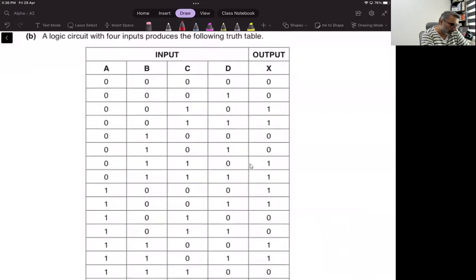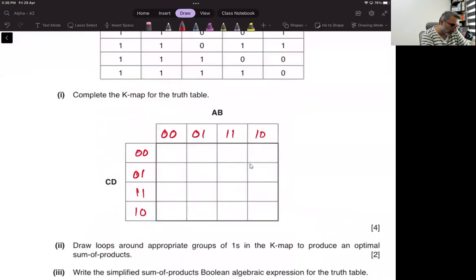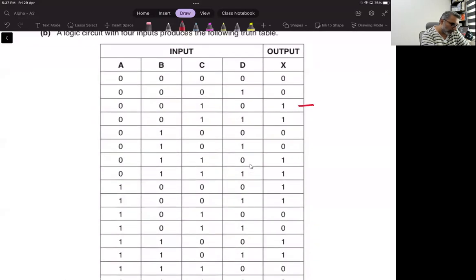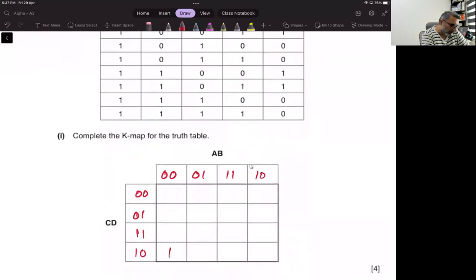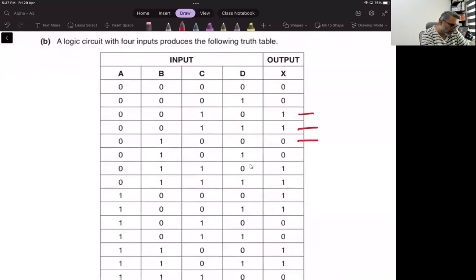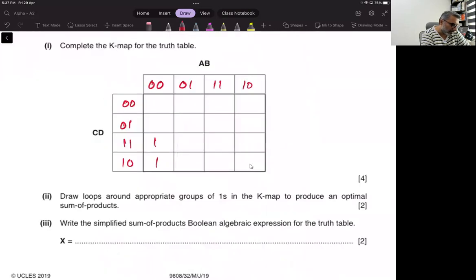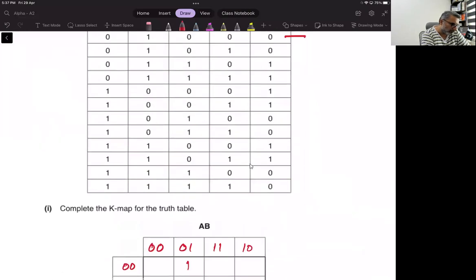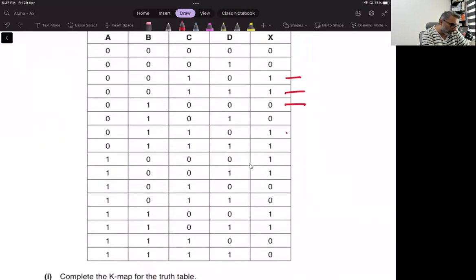Now, over here, 0 0 1 0. Then we have 0 0 1 1. Then we have 0 1 0 0. We are only taking those outputs where there is a 1.